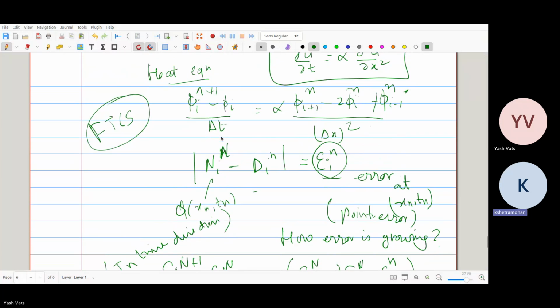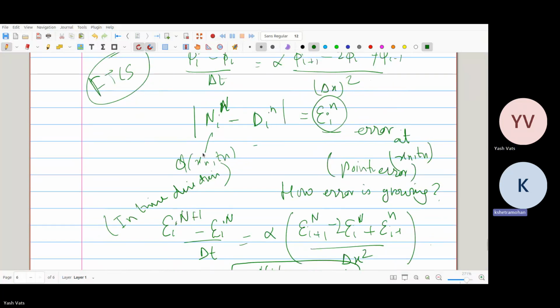This capital N is actually the numerical solution, phi numerical, and for the exact we are using the notation phi exact. Okay, sir, please continue.